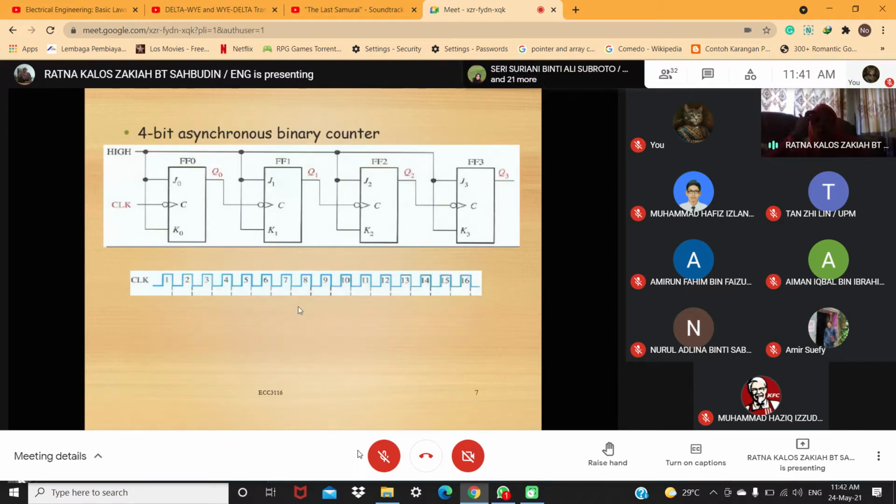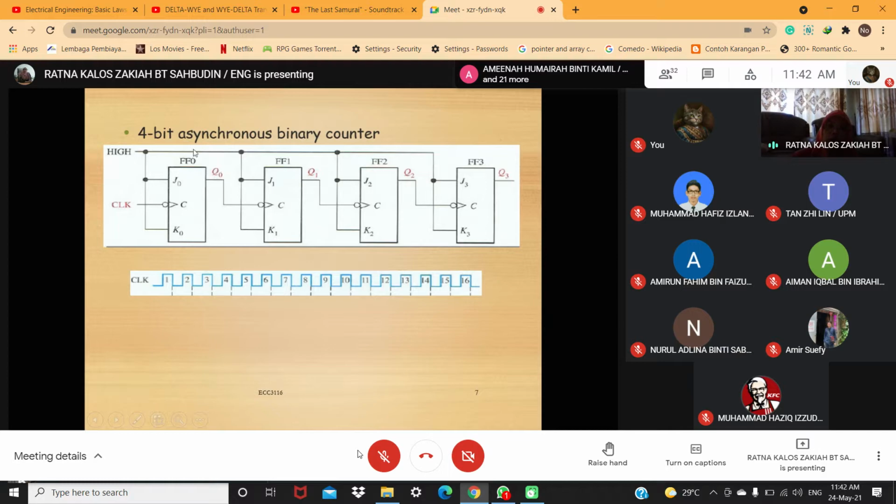So now look at this 4-bit asynchronous binary counter. When you design a 4-bit asynchronous counter, you have 4 flip-flops: 1, 2, 3, 4. These are labeled FF0, FF1, FF2, and FF3.